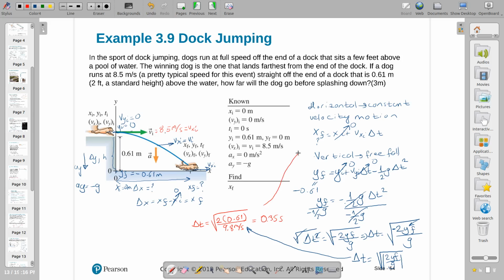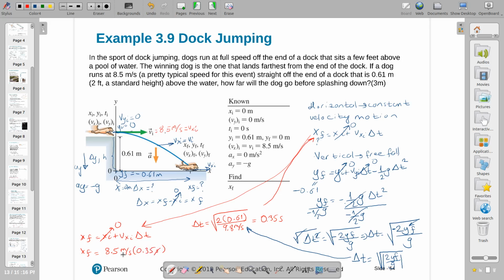Now we're going to enter this over here to find x final. X final is equal to, let's rewrite it, x initial plus vx initial times delta t. Now I know everything. x initial was 0. I know vx initial is 8.5 and the time is 0.35. So let's enter those: 8.5 meters per second times 0.35 seconds.